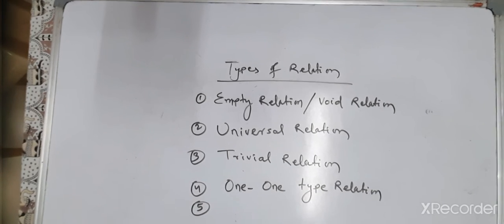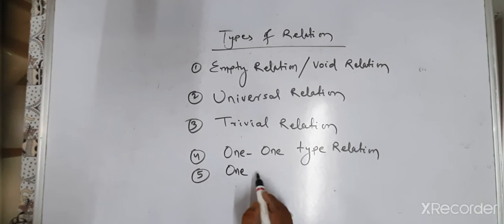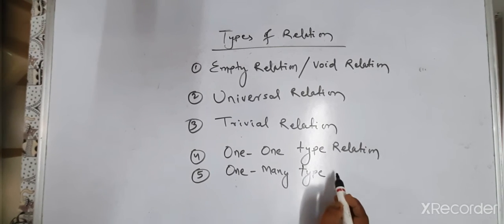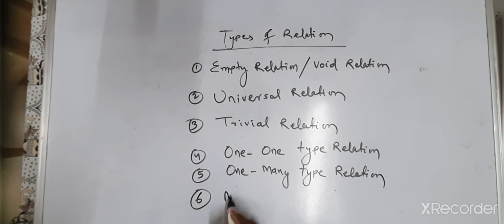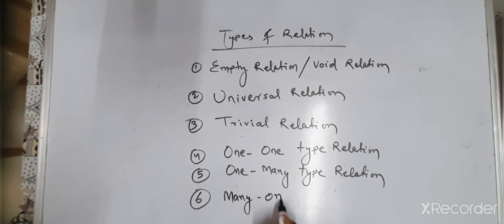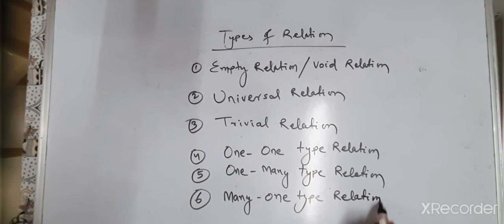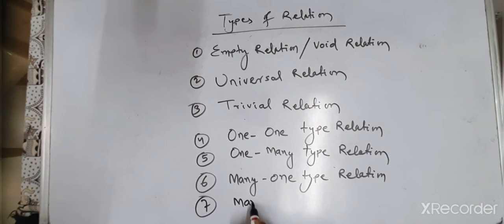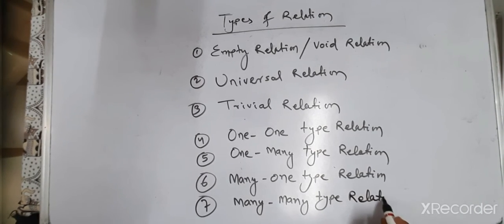Five, one-many type relation. Six, many-one type relation. Seven, many-many type relation.